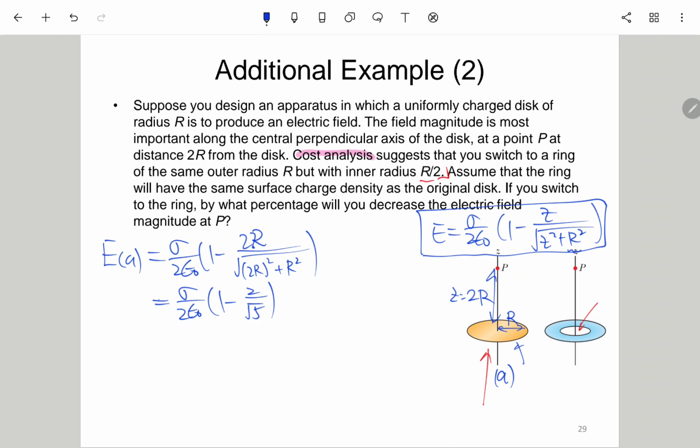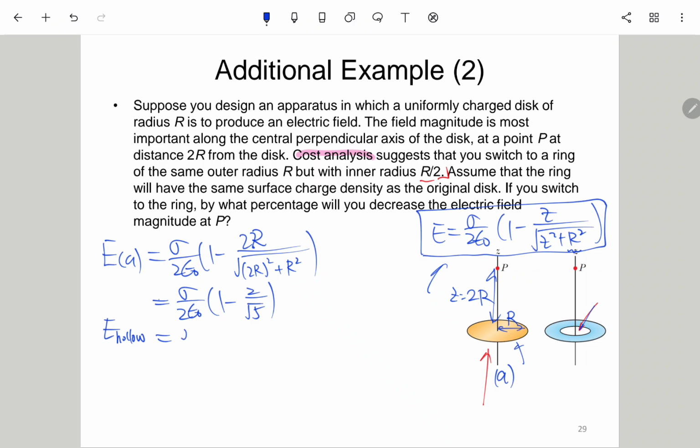Okay, and then here we try to calculate the E field generated by the hollow part. If we can calculate the hollow part, then we can subtract it from EA, and we will know the E field generated by this blue ring. For the hollow part, we can still adopt this expression, but with a little bit of change.